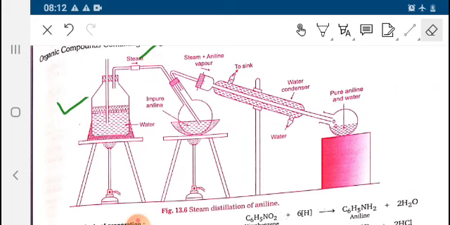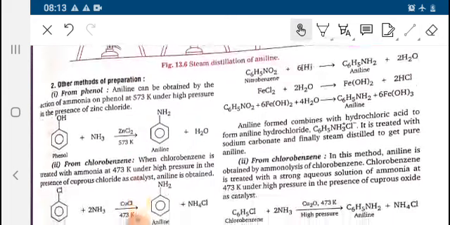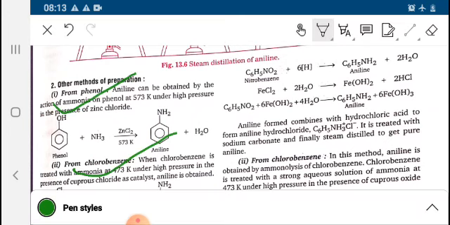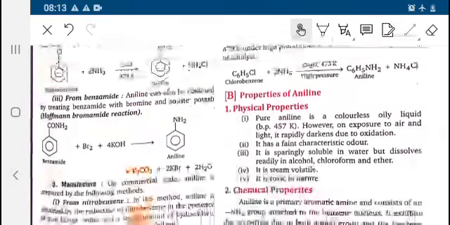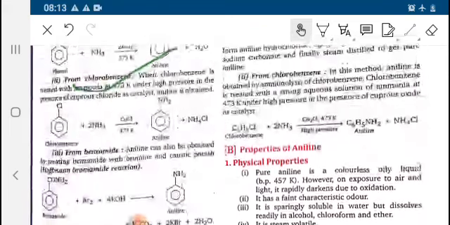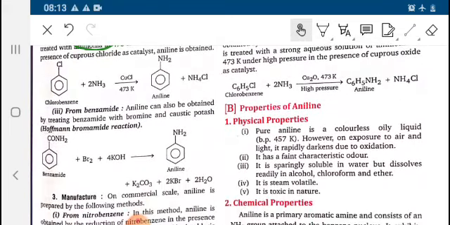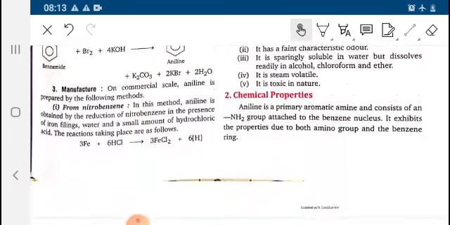So we only have to remember that aniline is obtained by steam distillation. Other methods of preparation are from phenol and from chlorobenzene, which we have already discussed. Properties of aniline: aniline is a colorless oily liquid. It has a faint characteristic odor, is sparingly soluble in water, steam volatile and toxic in nature.